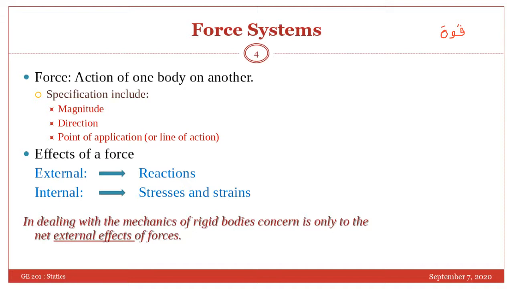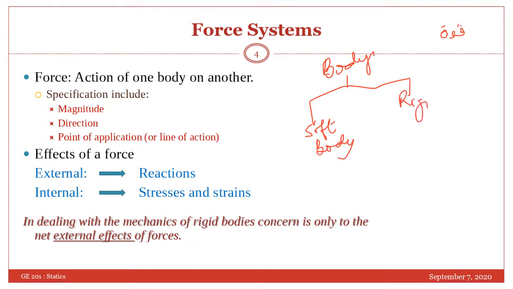For example, if your body is a soft body, and if your body is a rigid body. In case of soft body, it is the point of application of the load that matters. For example, if you apply the force here, you will see the deformation immediately over here.